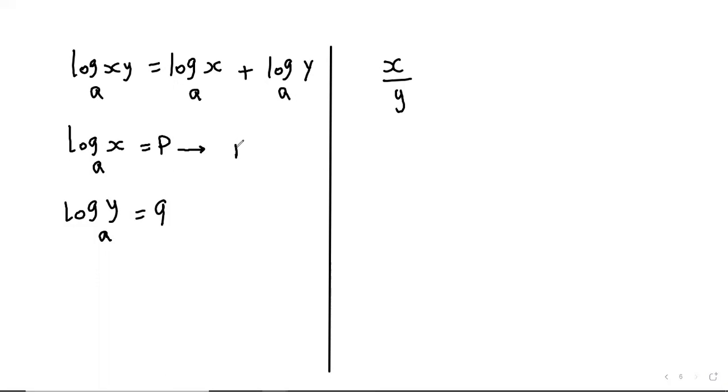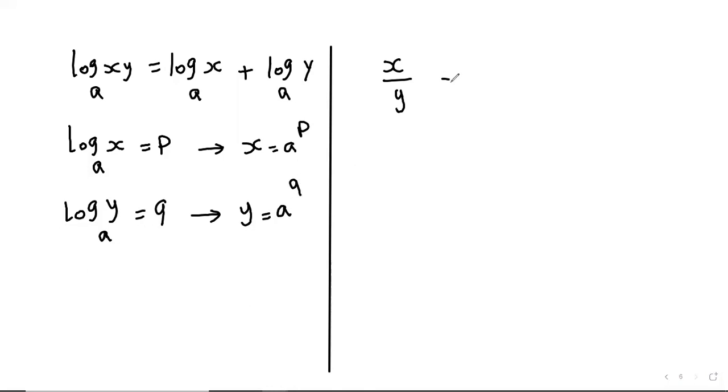The base here is a, the power is b, and the number is x. So x equals a to the power of b. And here, y is the number, the base is a, and the power is q. So y equals a to the power of q.